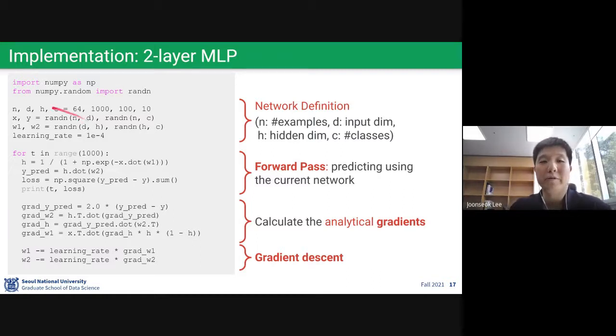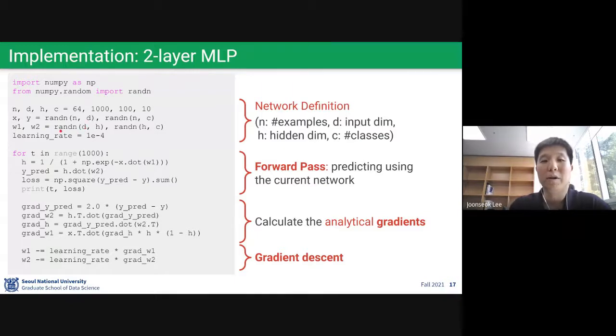And D is the input dimensionality. So the input image or input vector is represented as a 1000 dimensional vector. And Y is the classes, the labels, so N times C, where C is the number of classes. We have 10 classes. And W1 and W2, the shapes we already showed in the previous slides.